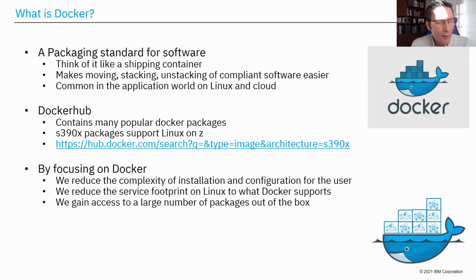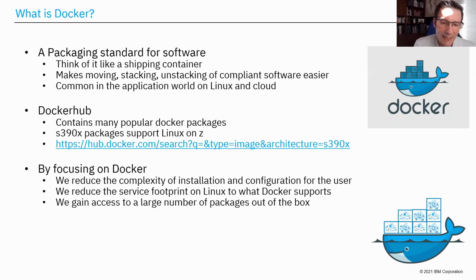So out of the box, when you install ZCX, there are a whole bunch of packages that are available. And we're going to talk a little bit more about IBM providing you some additional vetted packages in just a moment. But for example, if you go out to Docker Hub right now and you search on S390X, which is the architecture designation of applications that run on IBM Z, those applications which run today on Linux on Z also run on ZCX.